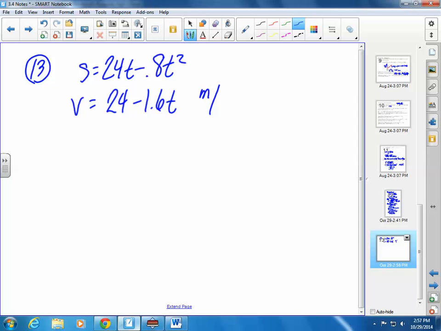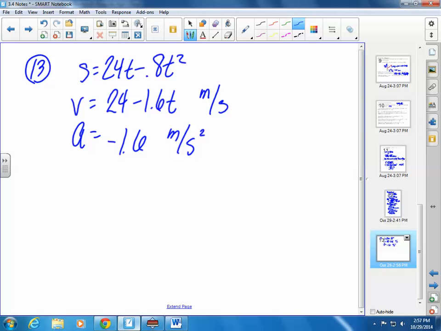Meters per second. And the acceleration is negative 1.6 meters per second squared. So you do the derivative again, of the velocity.